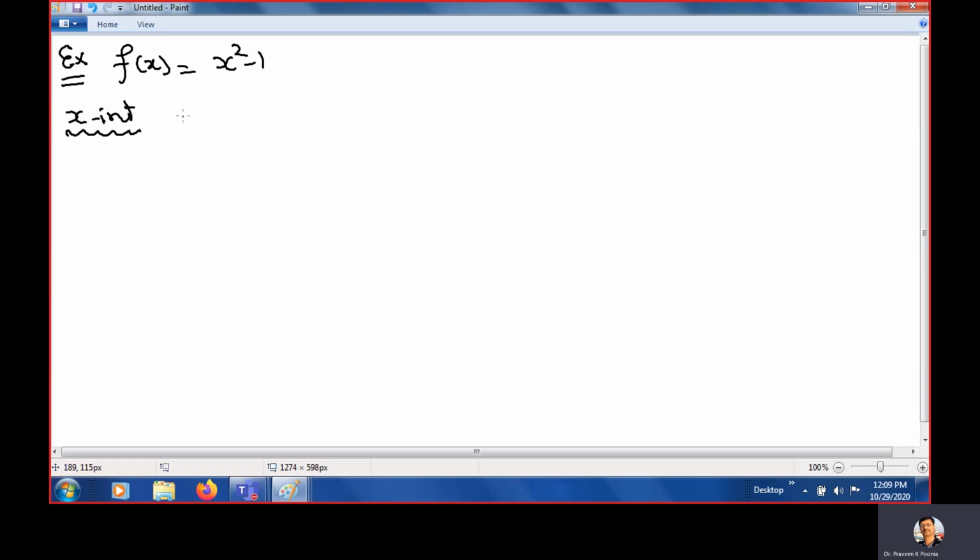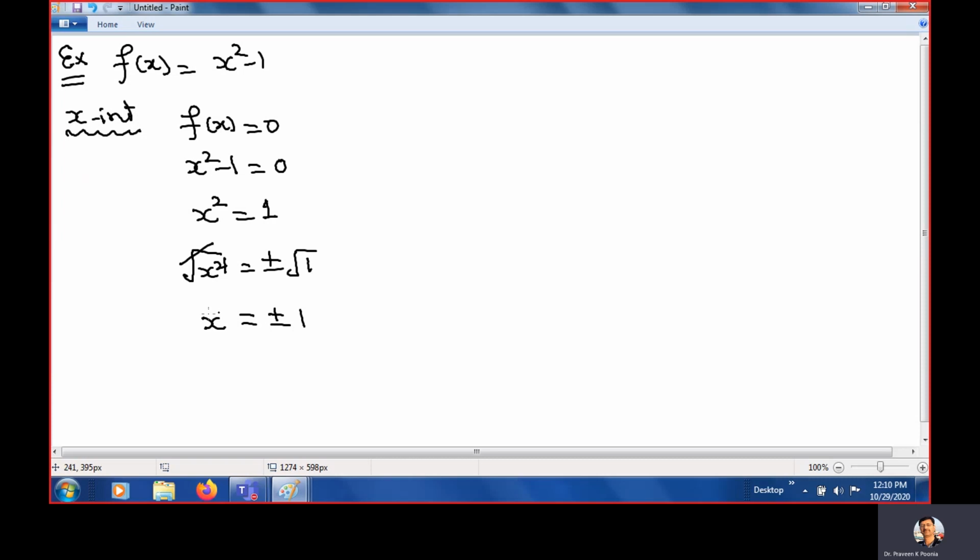How to get the x-intercept? Put f(x) equal to 0. So x square minus 1 is equal to 0, and x square is equal to 1. If you take the root of x square, the square root is cancelled by the square. So x is equal to plus minus 1. Clear? These are the x-intercepts. That means the curve will cross at 1, 0 and minus 1, 0.